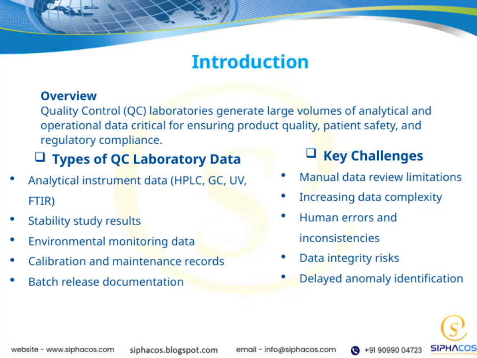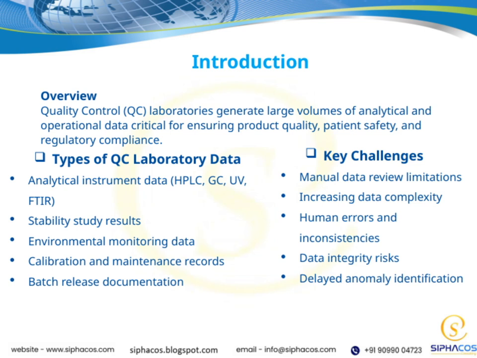Now, let's take a closer look at the types of data generated in a QC laboratory. First, we have analytical instrument data, which comes from a variety of sophisticated tools like HPLC, GC, UV, and FTIR. These instruments are essential for accurately measuring the quality attributes of our products. Next, we have stability study results, which help us determine how our products maintain their quality over time under different conditions.